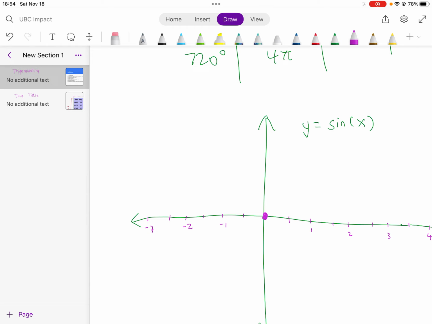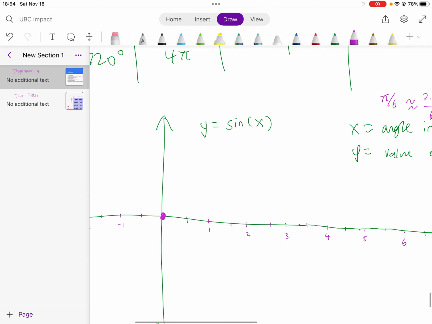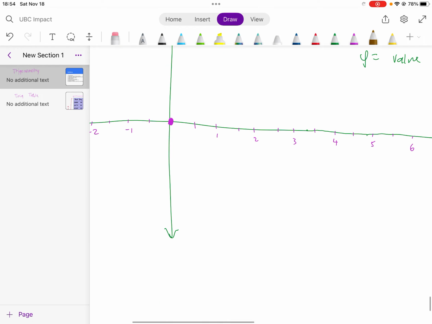So remember how we talked about how we should never talk about radians without talking about pi? So it's important to locate where pi is. This axis is good, but we should also have another axis about where pi is. So here's pi. And here is pi over 2.